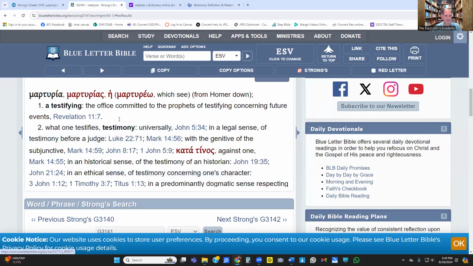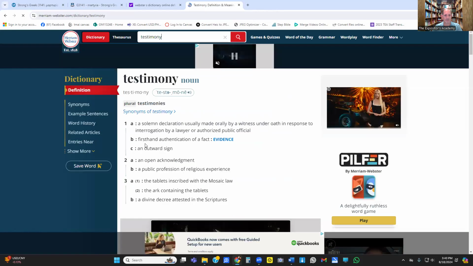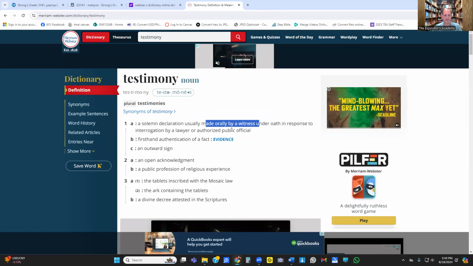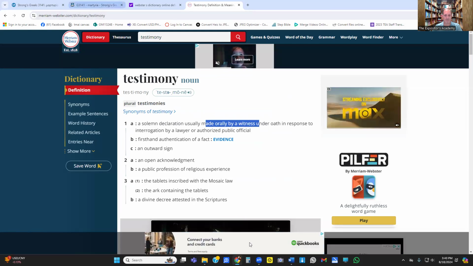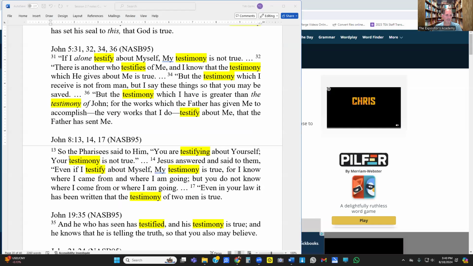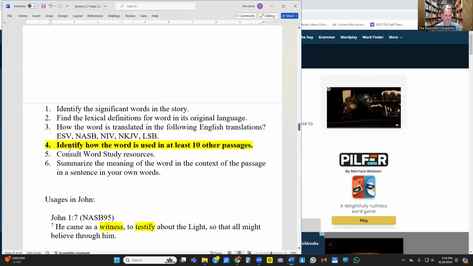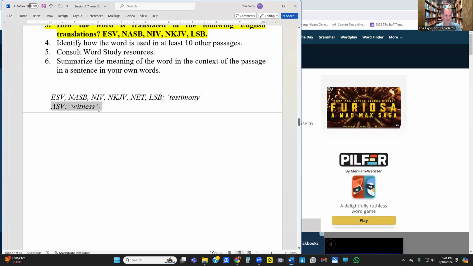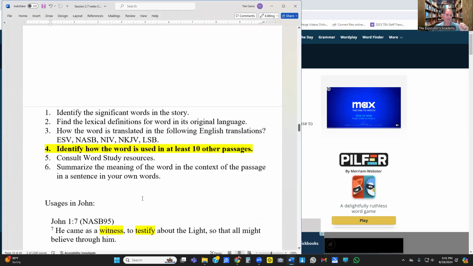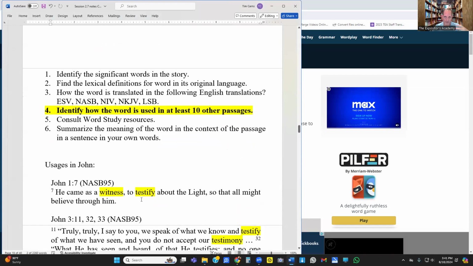So it keeps using the same word. Testimony in the sense of firsthand authentication, declaration made by a witness. And in fact, as I mentioned a moment ago, one translation used the word witness. The ASV did. Okay, so what one testifies, what one declares, what one witness verifies.